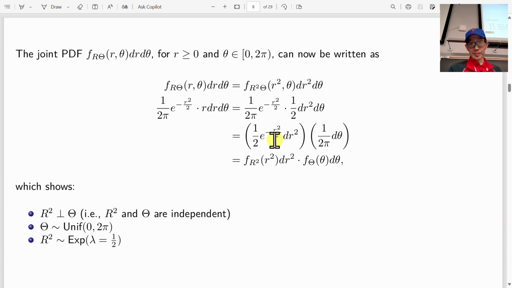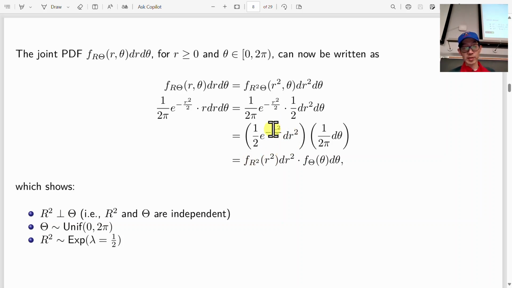And in this part right here, if you have a 1/2 e to the x over 2, or whatever, y over 2, that's equivalent to an exponential distribution with rate parameter 1/2. It's just that the random variable is r squared.